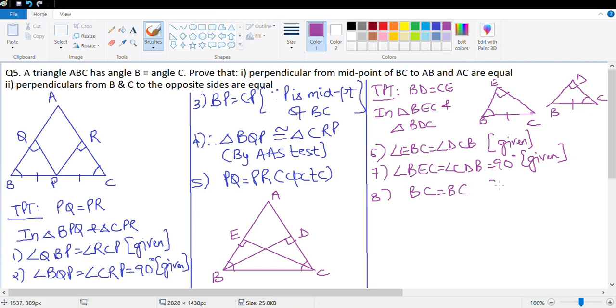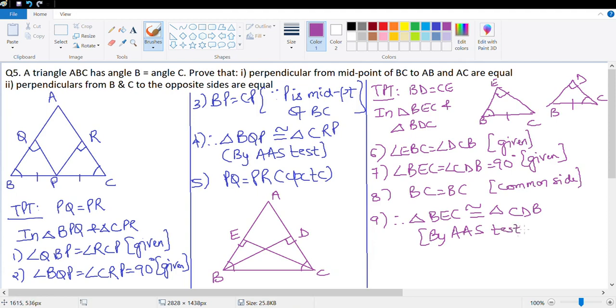This is the common side. So what we get is, therefore, triangle BEC is congruent to triangle CDB in terms of 1:1 correspondence. B is equal to C, E is equal to D, and then the last one is B. This is by the angle side test.